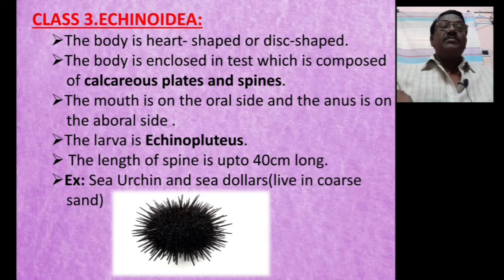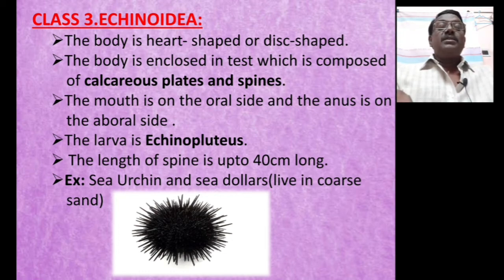Here the length of the spines is so long when compared to other groups of animals. Once again, the mouth is located on the oral side and the anus is on the aboral side. Here the larva is named Echinopluteus.